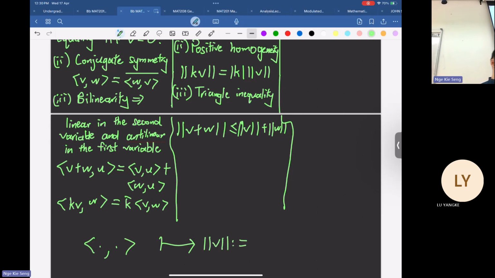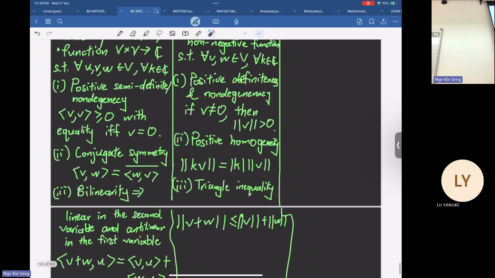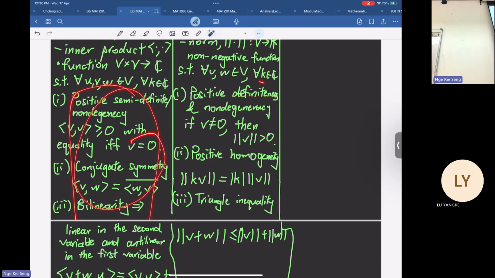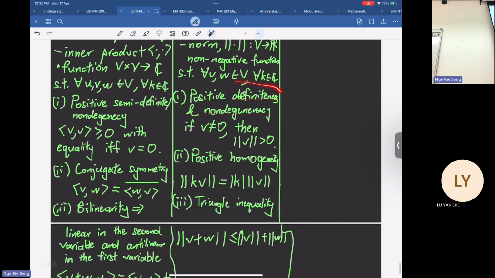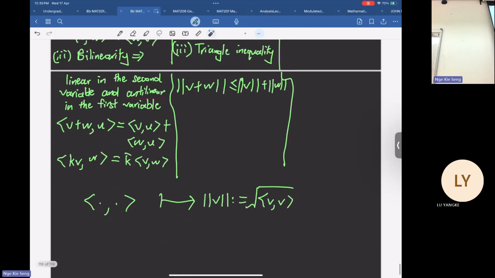For example, the norm of V, using the inner product? I just take the inner product of V with V, and maybe take a square root. You should check that whenever I give you this inner product satisfying these properties, the new norm I define satisfies these three properties. This you need to check. And going from here, we could again define.